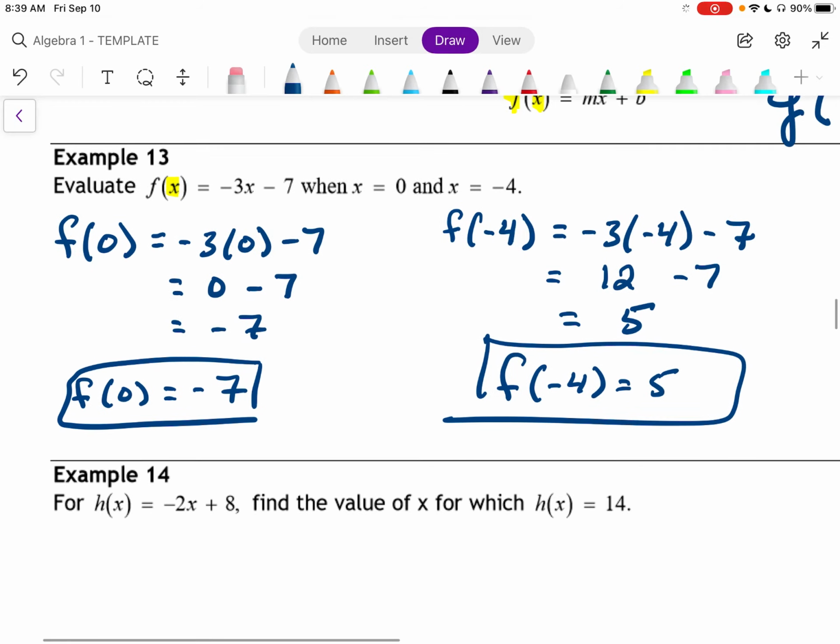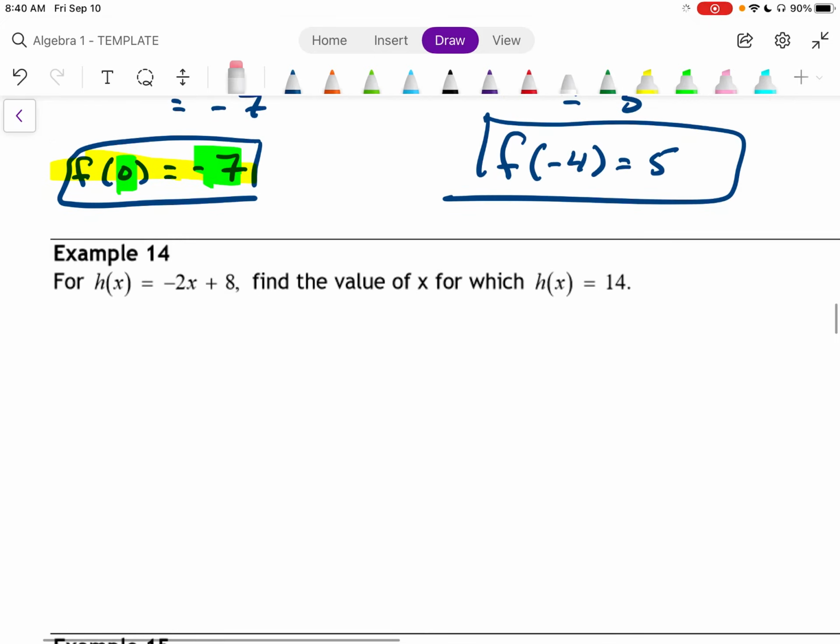You can kind of see the value in this symbolism, because right here in the answer you're able to say, we plugged in 0, we got out negative 7, instead of just saying something like y equals negative 7, where it's not necessarily obvious what we plugged in. By writing f of 0, you know immediately that I plugged in 0 and we got out negative 7.